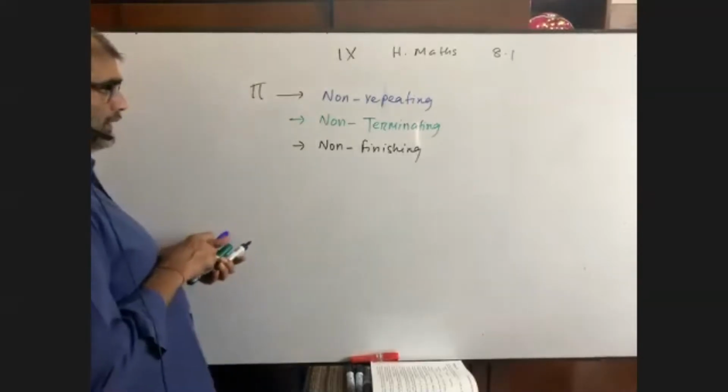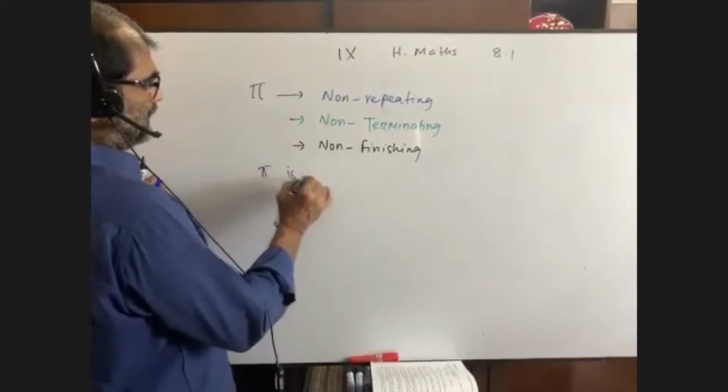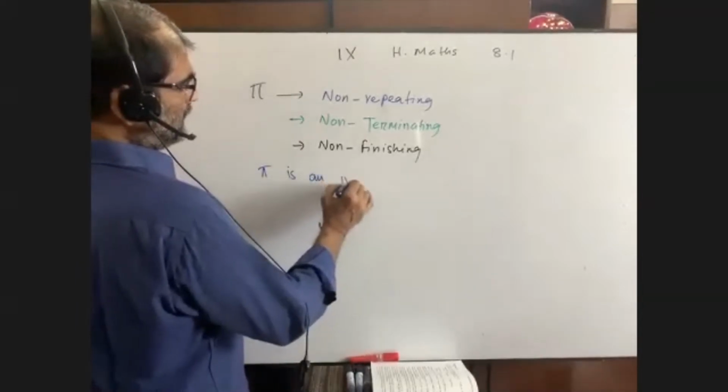Write down what I'm writing. Pi is an irrational number.